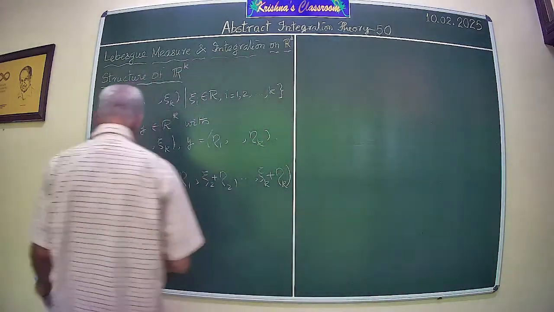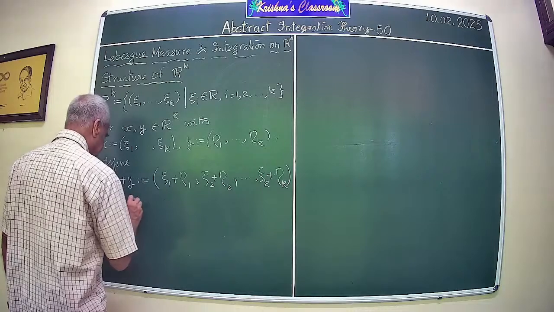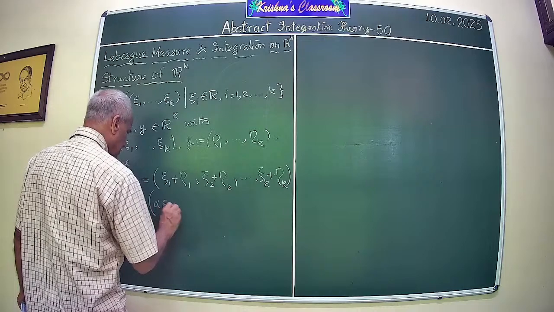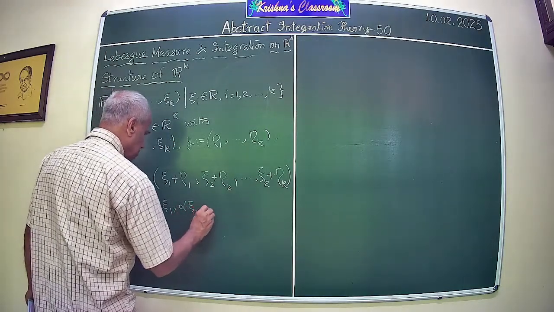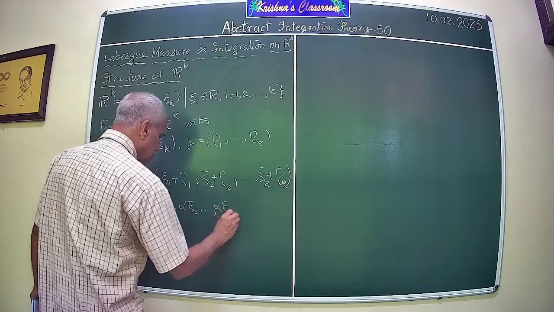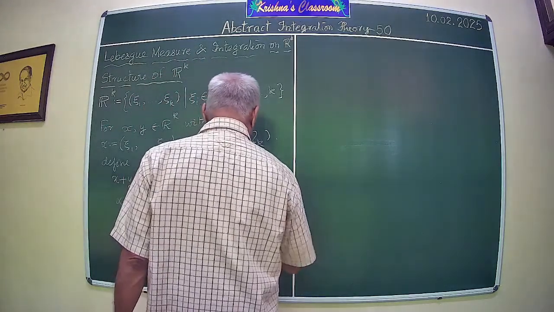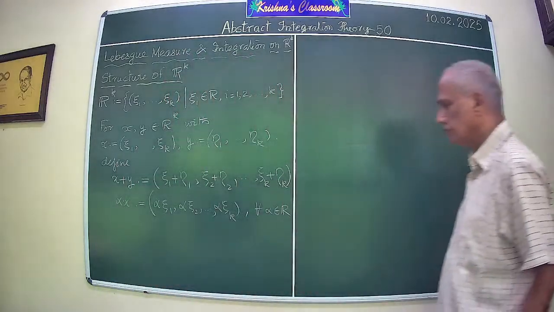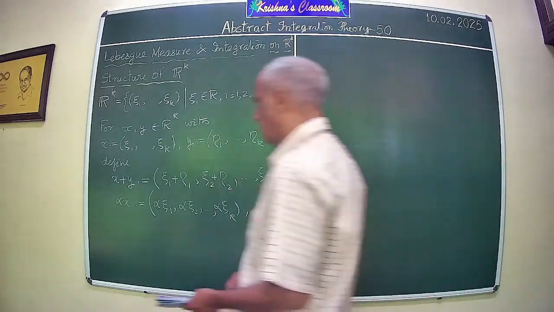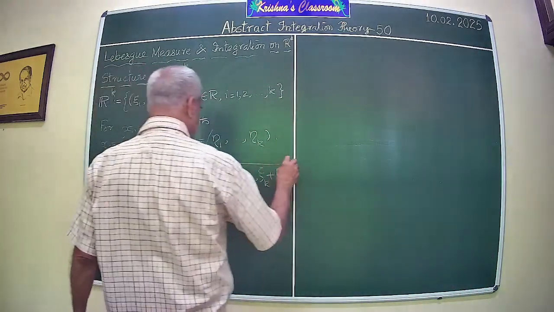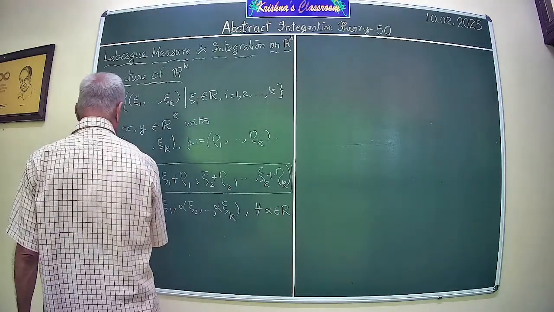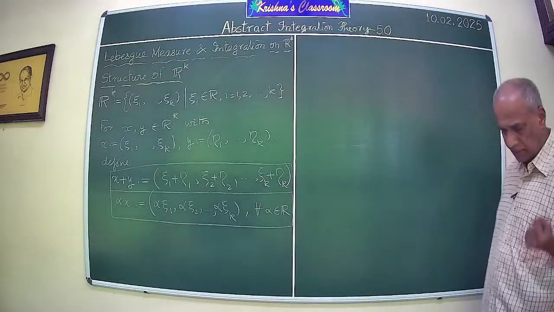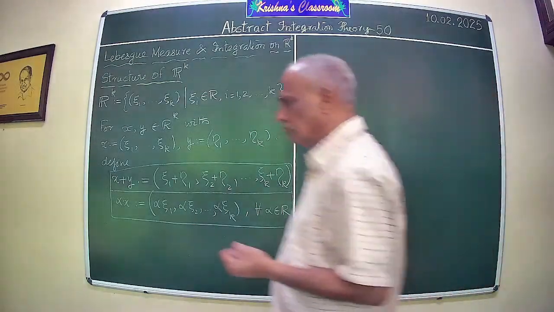Also, scalar multiplication we define. Alpha x is defined as (alpha xi_1, ..., alpha xi_k), where alpha is a scalar, for every alpha belonging to R. So this is the rule of addition and this is the rule of scalar multiplication, which is generalized from our experience of working on vectors in R^2 and R^3.